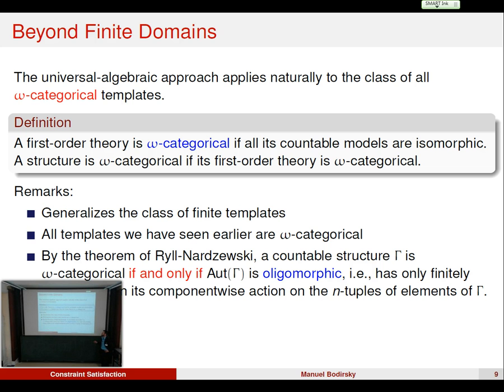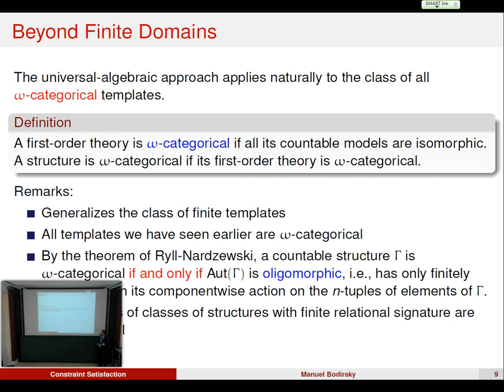So a structure is omega categorical if and only if the natural action of the automorphism group on the n-tuples is oligomorphic, has finitely many orbits for all n. And there's a systematic way, as we have seen already in 2 examples, of producing omega categorical structures via Fraïssé limits.